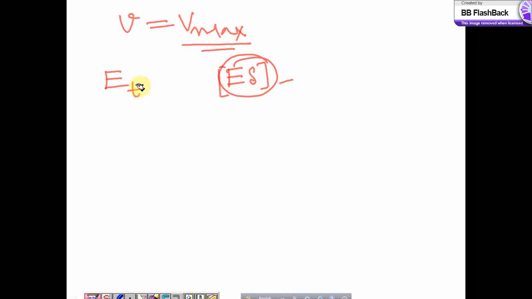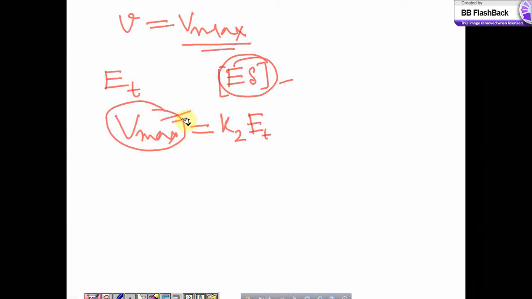So maximum velocity is equal to K2 ET. Once the enzyme reaches its maximum velocity, there is no opportunity to increase its velocity, because all the enzyme molecules are now engaged. So Vmax is K2 into ET.